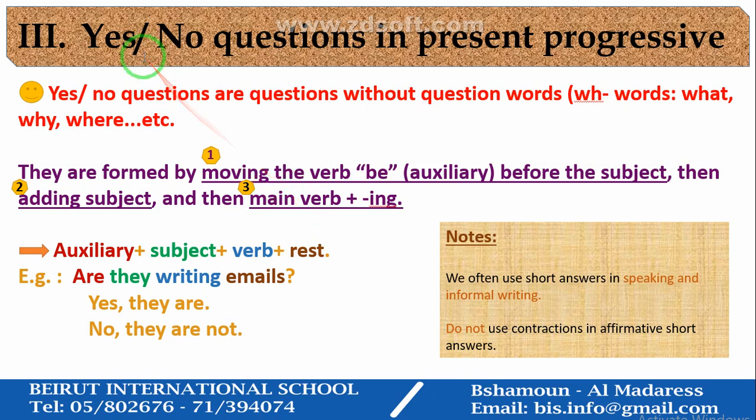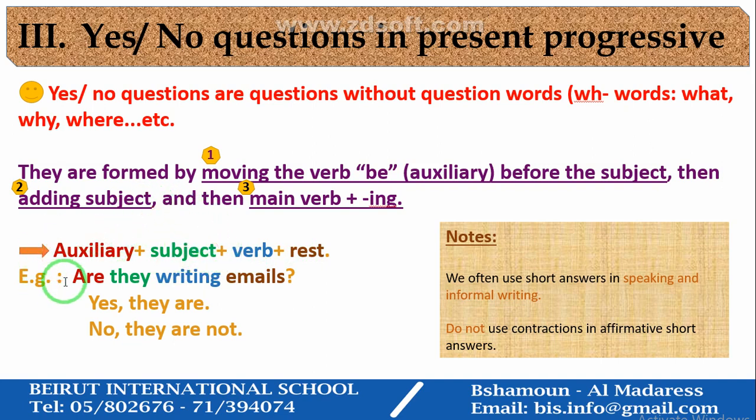While talking about yes-no questions, you're going to move the auxiliary from being after the subject to being before the subject. So instead of having subject plus auxiliary plus verb plus ing plus object, you're going to have auxiliary plus subject plus verb plus the rest. So we move the auxiliary or verb be from being after the subject to being before it.